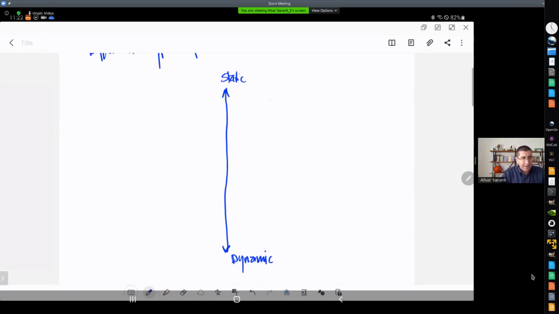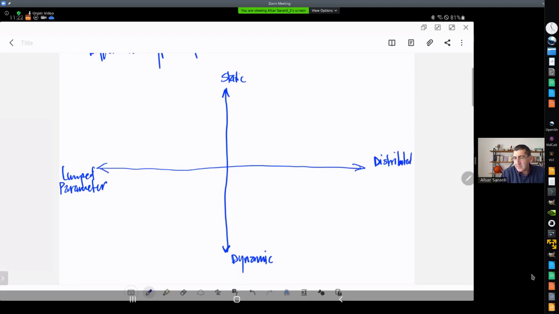Let me give another axis here. Horizontal and vertical are purely arbitrary. We can have a lumped parameter model versus a distributed parameter model. Sorry, it's not very visible.